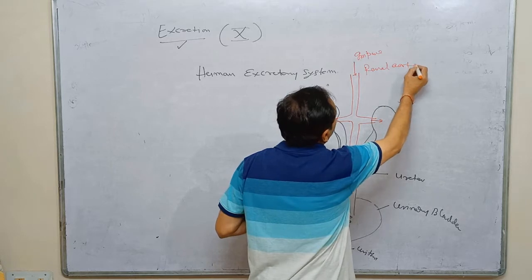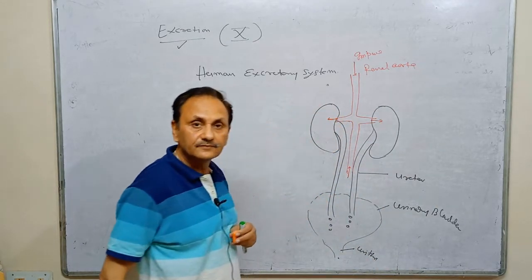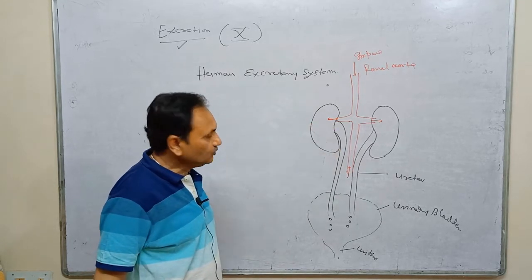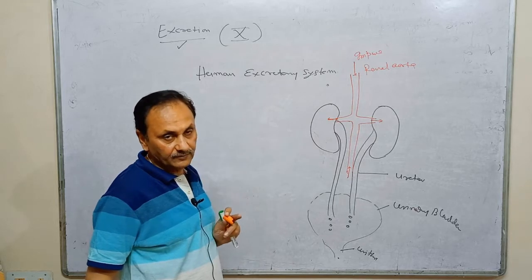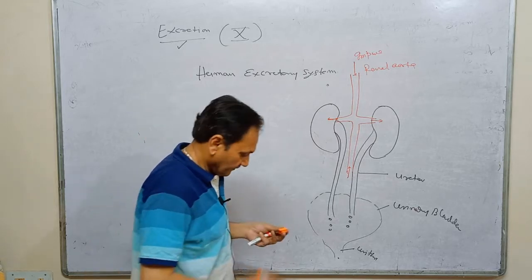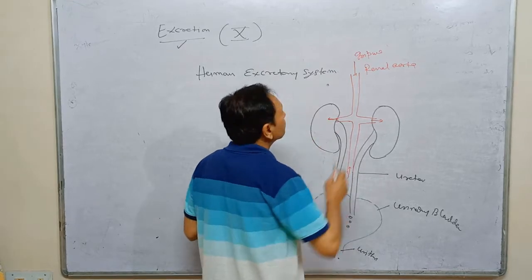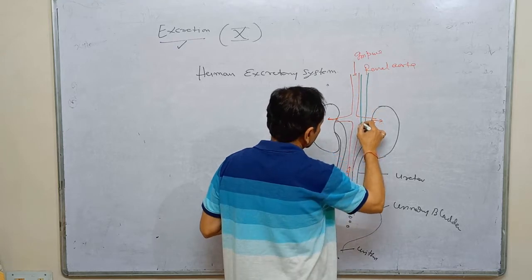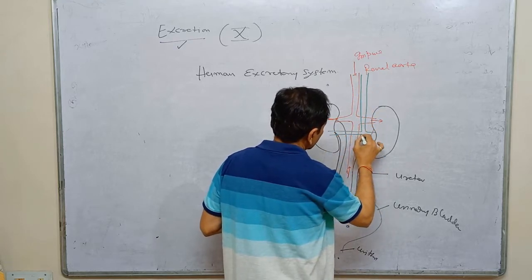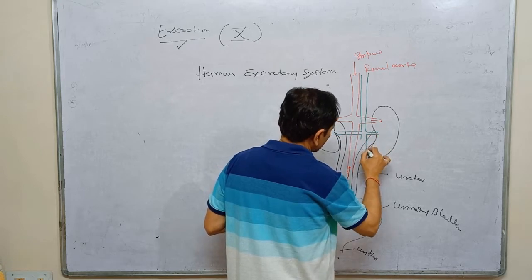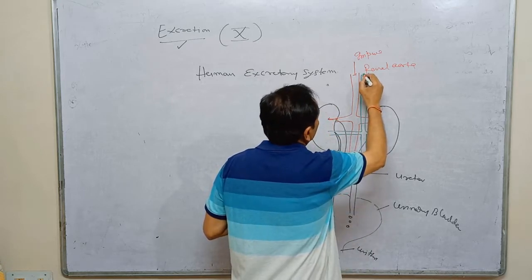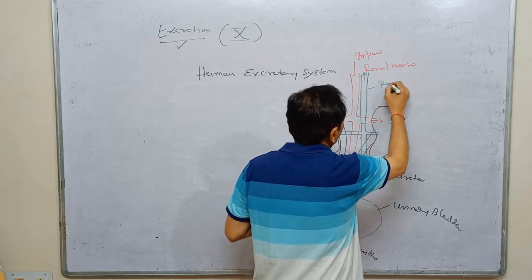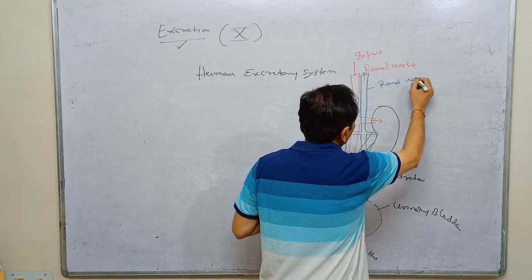So there is the renal artery, which carries blood to the kidney, where purification takes place. Now, another one is called the renal vein.